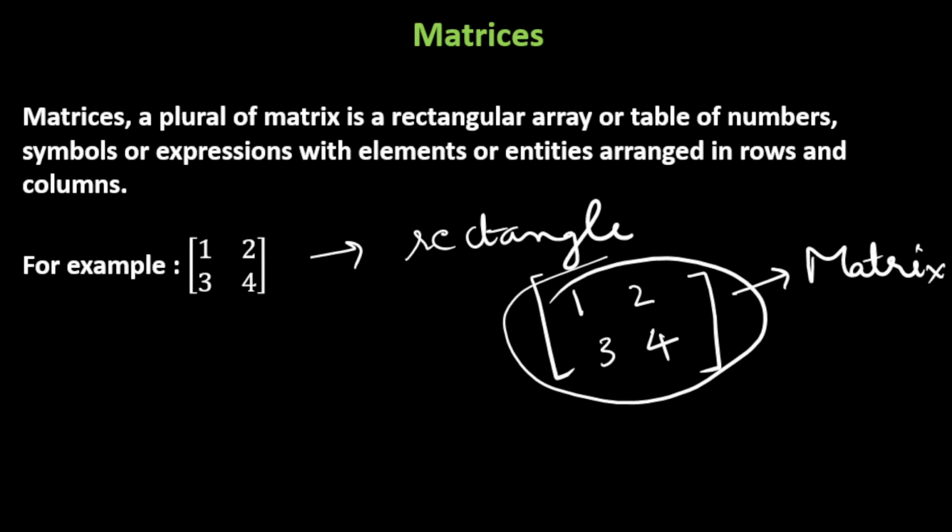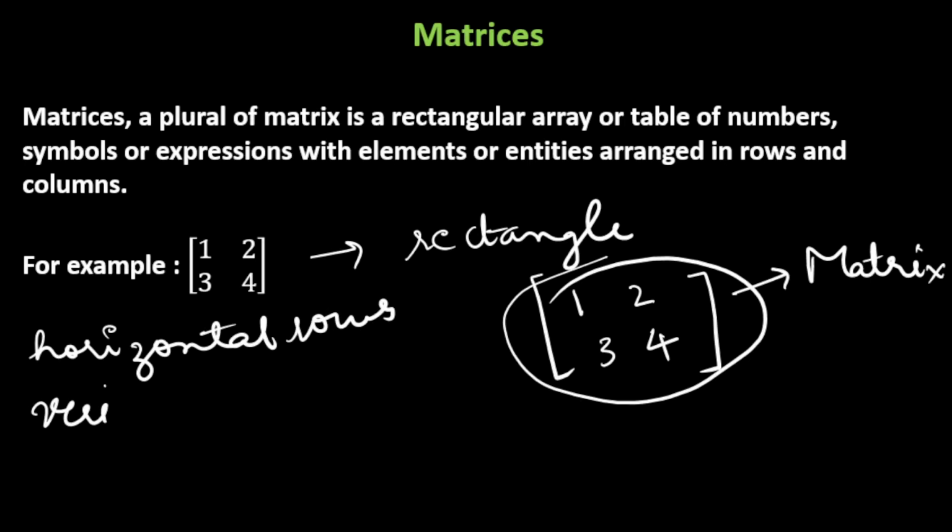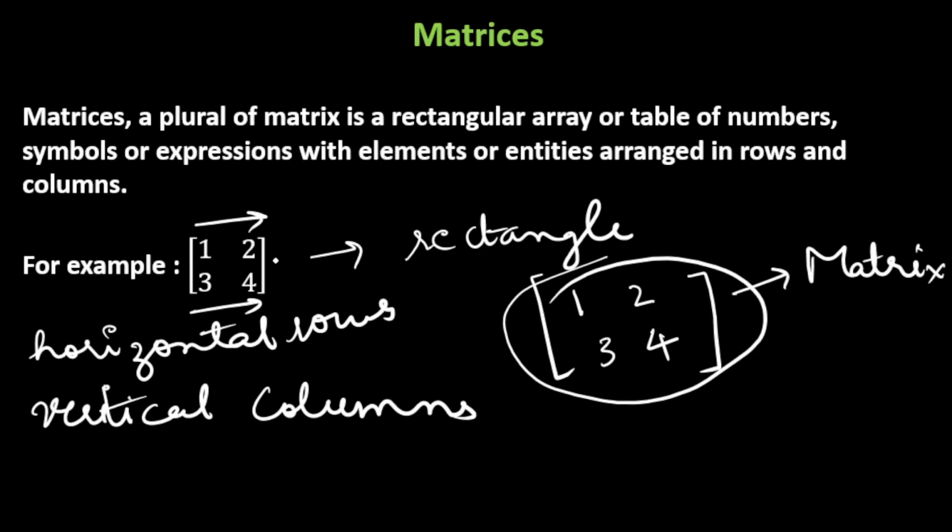Don't ignore this one. So, rectangular arrangement of numbers in the form of rows and columns. Here horizontal are rows, and vertical are columns. Horizontal rows and vertical columns. So horizontal like this and vertical like this.